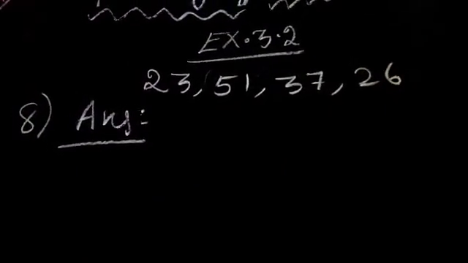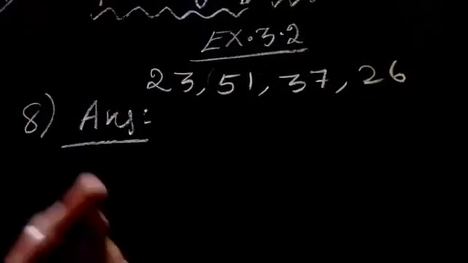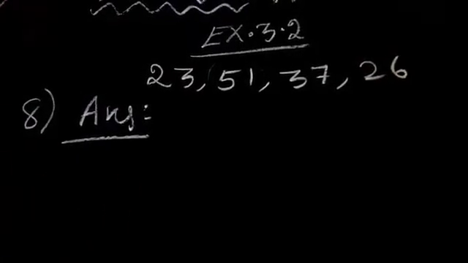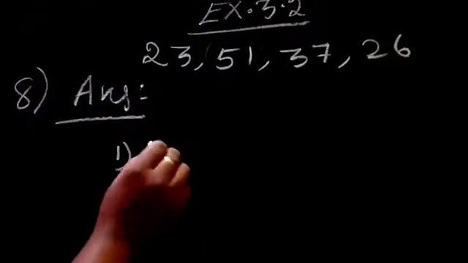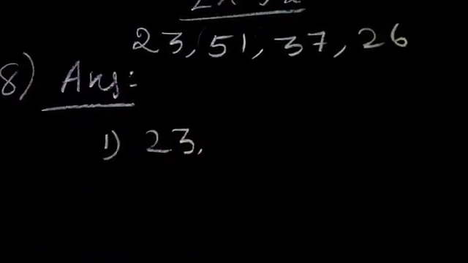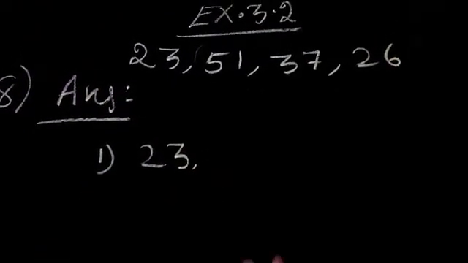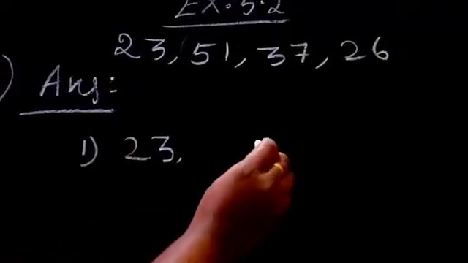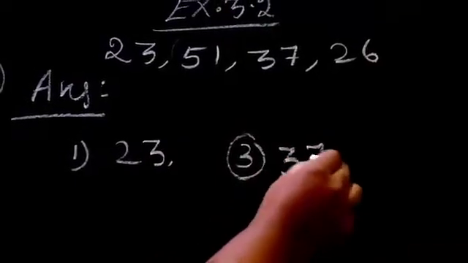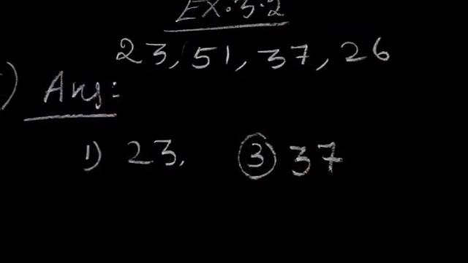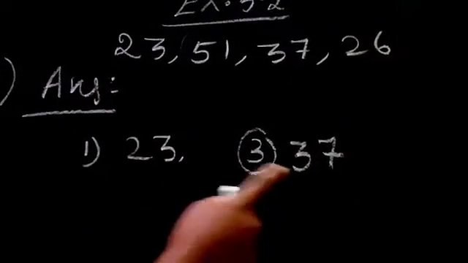Prime numbers means the number will go in that same table only one time. First one is 23. 23 will not come in any other table. And the third one is 37. 37 will also go in the 37th table only one time. These 2 are prime numbers.